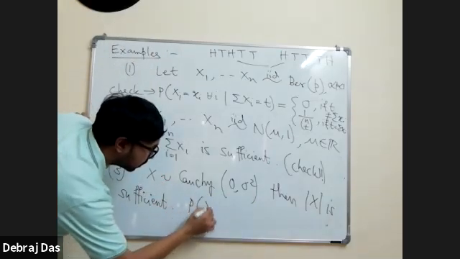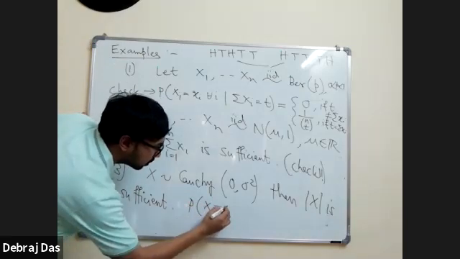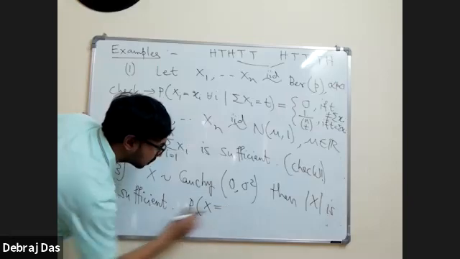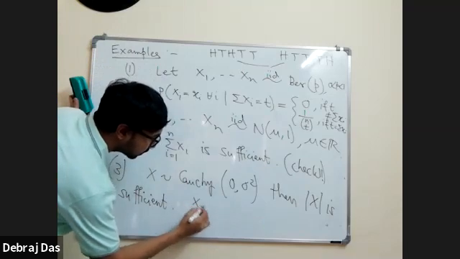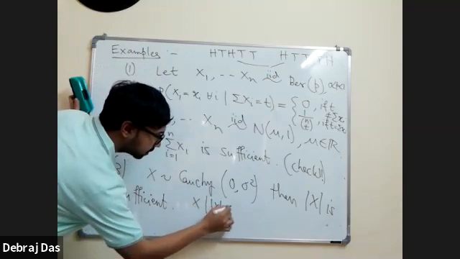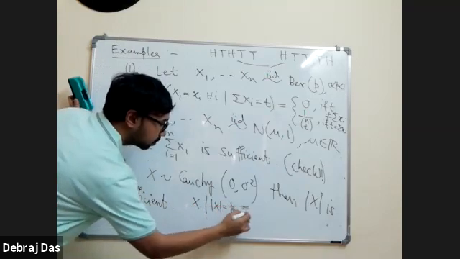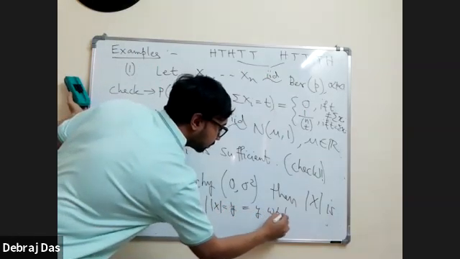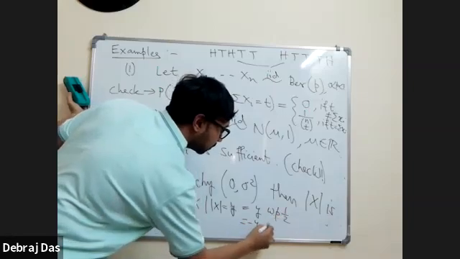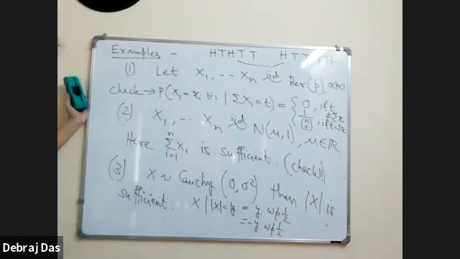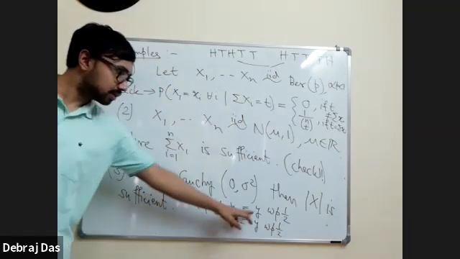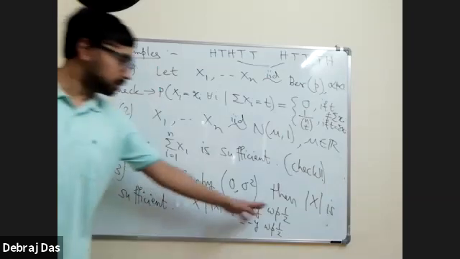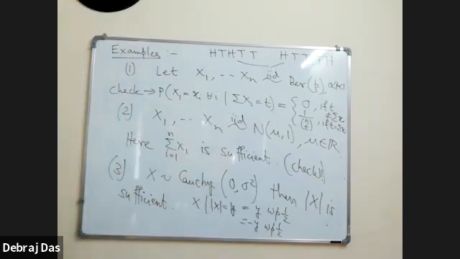And if you find the probability of x given that the absolute value of x is equal to say y, that is equal to y with probability half and minus y with probability half. Whenever the absolute value is y, the possible choices of x are either y or minus y, nothing else. And the probabilities are half because this is symmetric around 0.